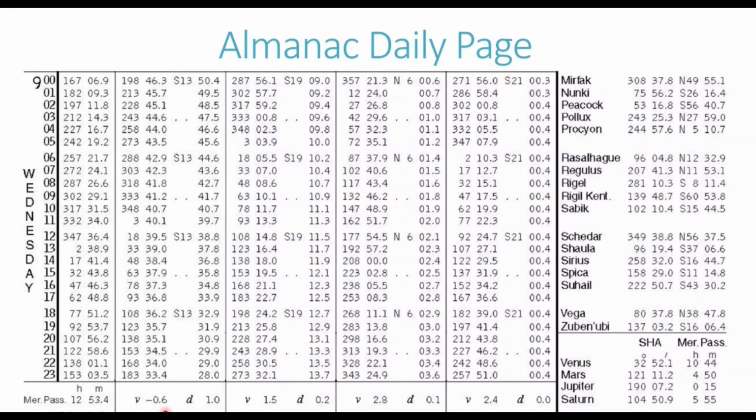I'll show you the increment table in the next coming slides. The V correction which is to be used for that particular minute is given in the increment table. In the same way, the D correction is applied to the declination.